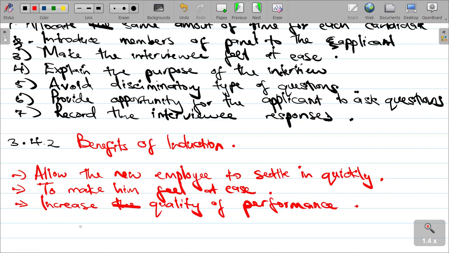And also to minimize accidents. Another benefit is to meet the employees' expectations.